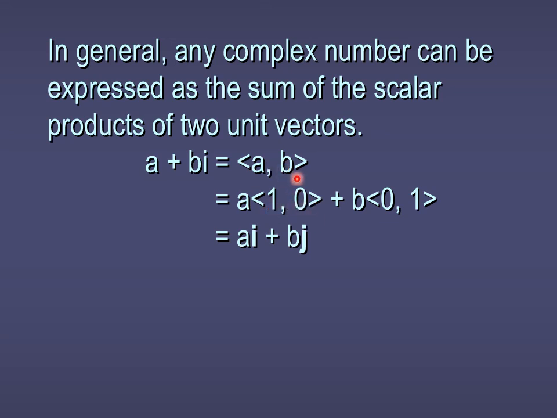And your b, the imaginary part, is b times the vertical vector, 0, 1. But we know that 1, 0 is represented by an i, and 0, 1 is represented by a j. So that's how we get ai plus bj for our sum of the scalar products of two unit vectors.